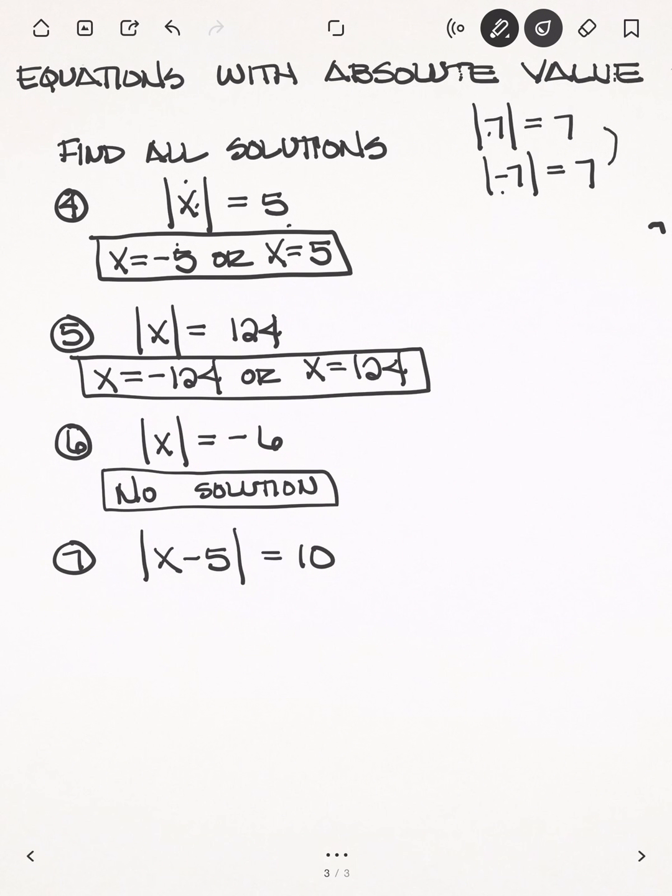I want to know what x could be to make this true. Well, this one, you could probably think about it and come up with some numbers that if you put in for x and subtract 5 and take the absolute value of it, you would get 10. But we don't want to have to think that hard. So we are going to use the rule that we actually used in number 4 and 5.